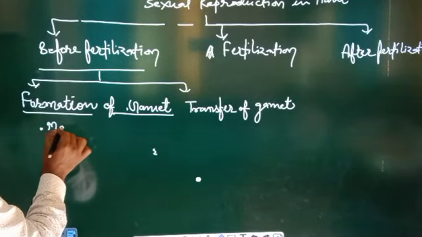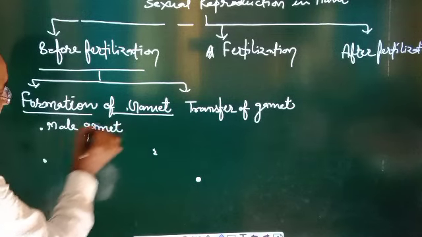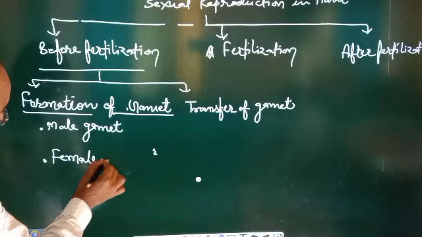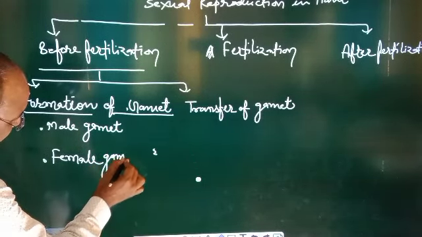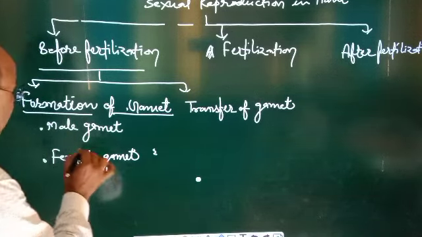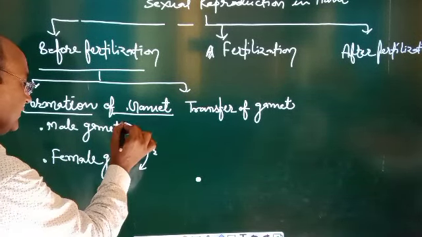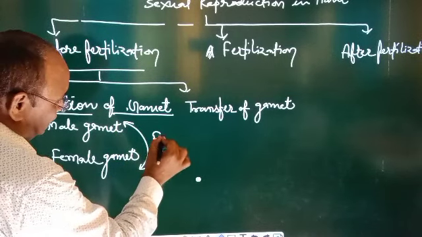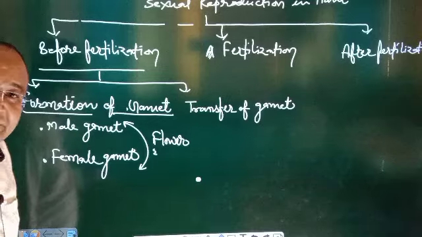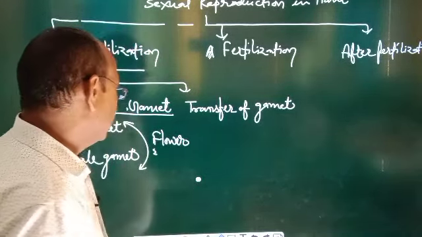One is male gamete and another is female gamete. Especially male and female gametes are produced by flower. So I can say flower is a sexual part of a plant.